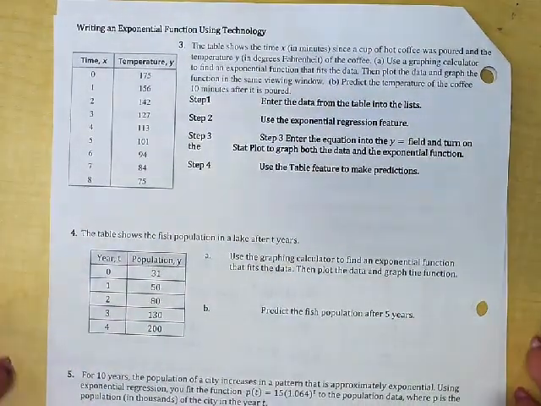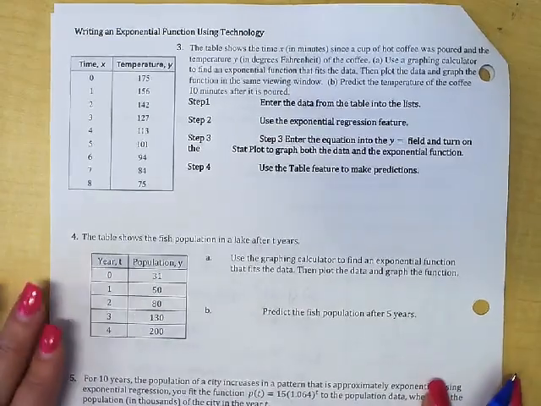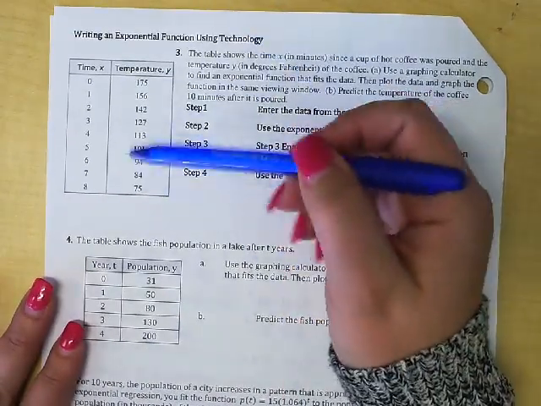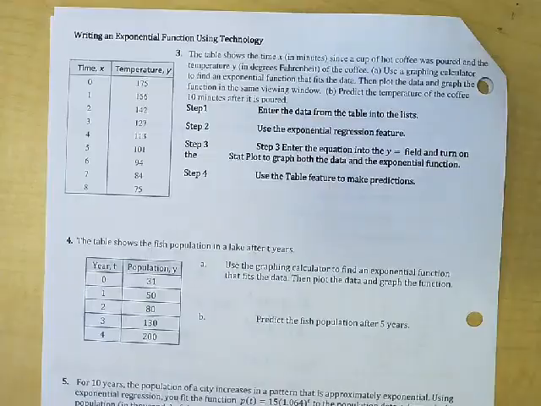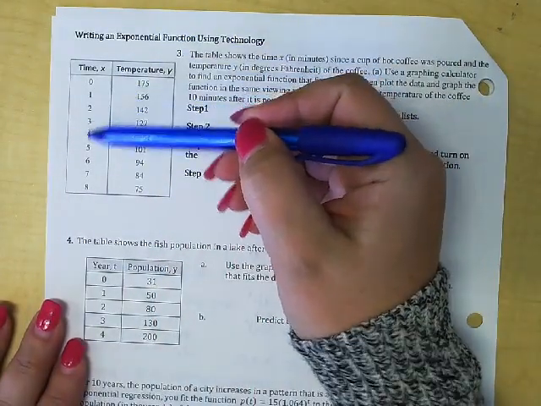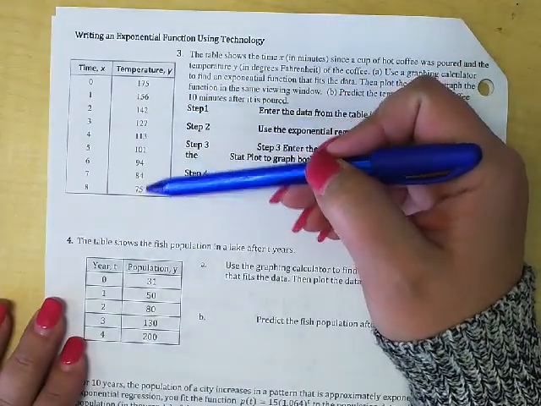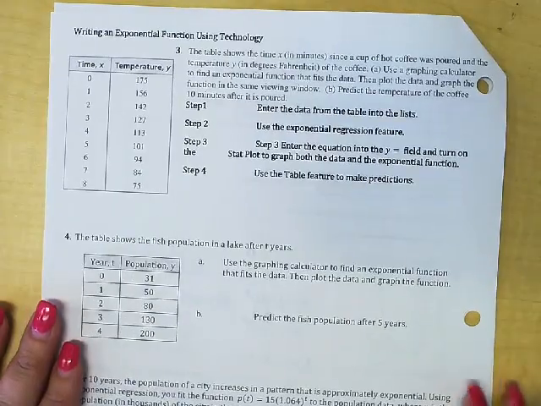I also gave you guys a sheet of paper that walks you through it, but really it's review with the exception of one button press on the calculator. So we have this information. The coffee starts off at a temperature of 175 degrees, and then every minute that passes, as you could probably expect, little by little, that coffee is cooling down.